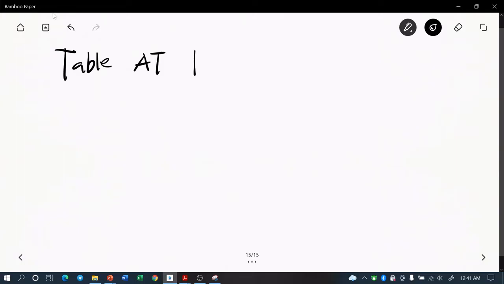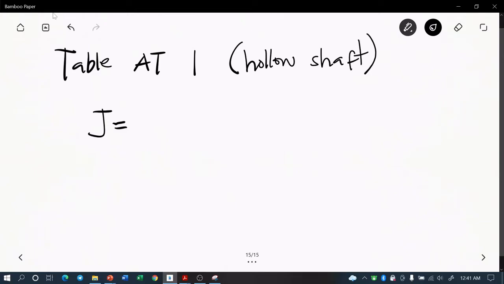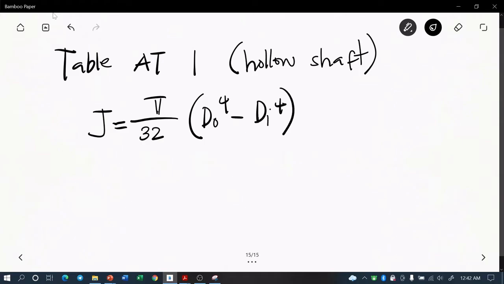J for the hollow shaft is equal to pi over 32 times quantity d sub O raised to the power of 4 minus d sub I to the 4th power.